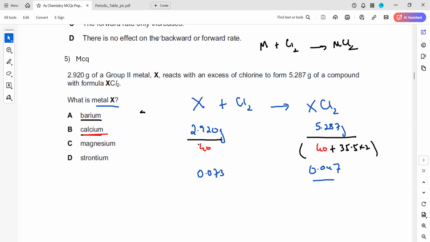Then we check what if the element was magnesium. If it was magnesium, then we divide this by 24 and here 24 will be added. So if we divide, we got 0.12. And what is the answer here for the moles of the compound?